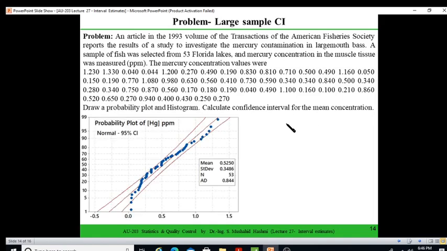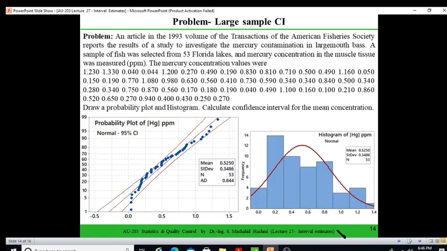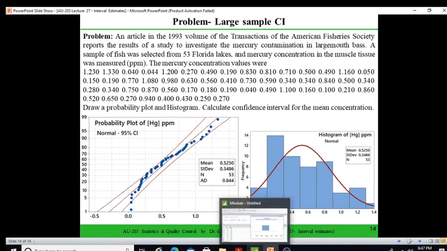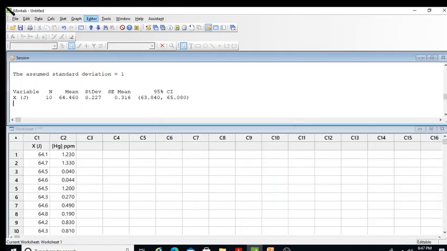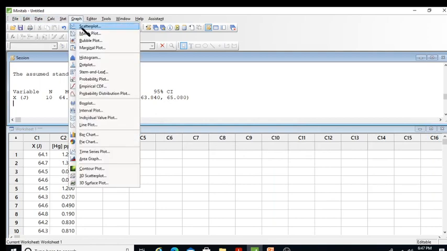So the first step is to draw the probability plot and the histogram. Histogram, you know how to draw it from this data. I will show you today this probability plot. If you go to Graph, there is an option of probability plot.